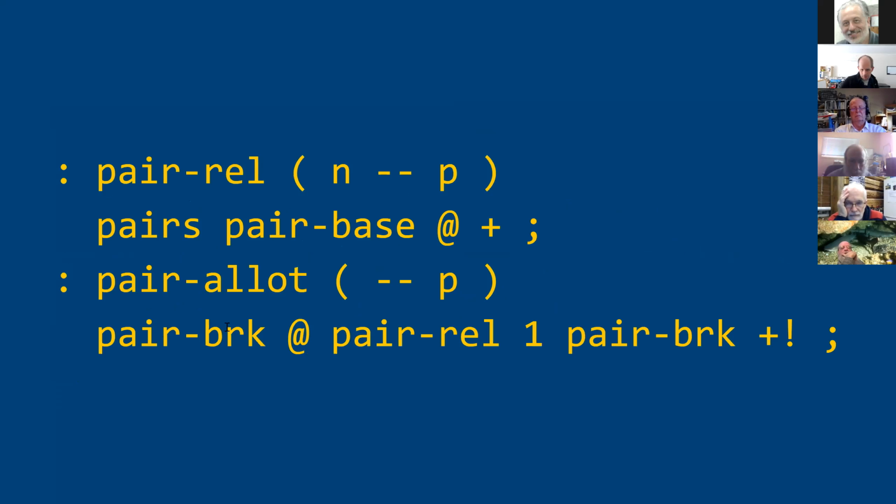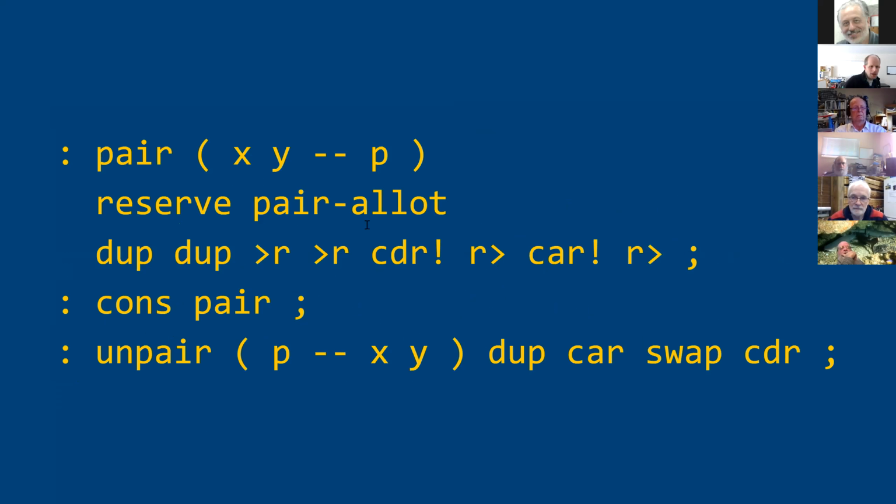The way we allocate, we'll build up a word to produce a new pair and to populate that, to move along the pair break by one cell, and that lets us create one pair by reserving space for it, allocating the pair, and then storing the car and the cdr into the pair.